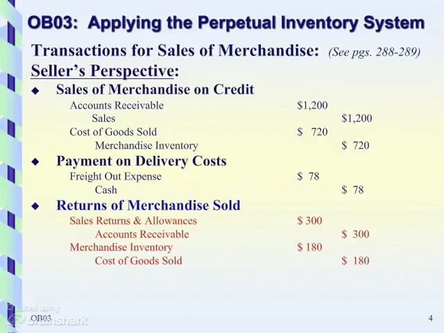It's being returned into our inventory, and we have to reflect the reduction in the sales account. How we reflect the reduction in the sales account is by doing a debit to the sales returns and allowances account. We don't do it directly in our sales account because we want to show any sales returns as a separate account and keep track of it.